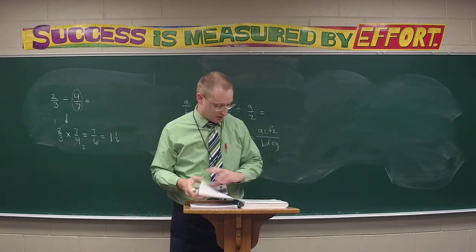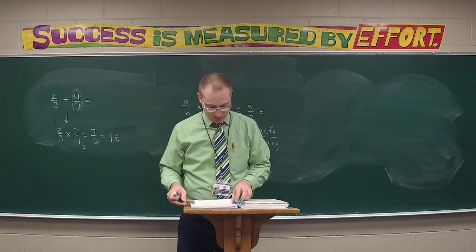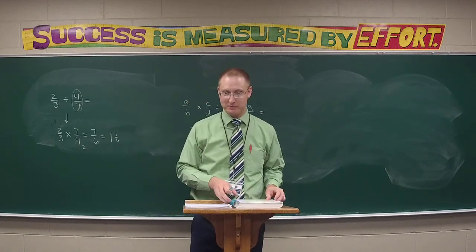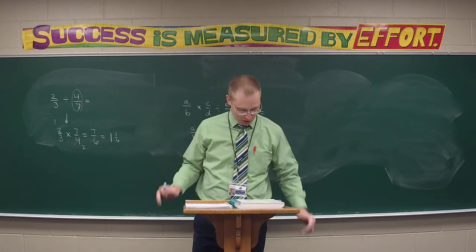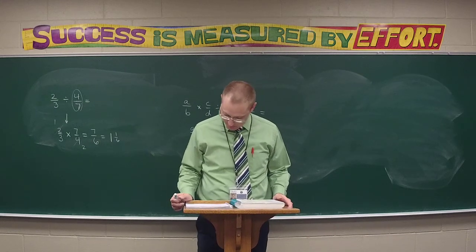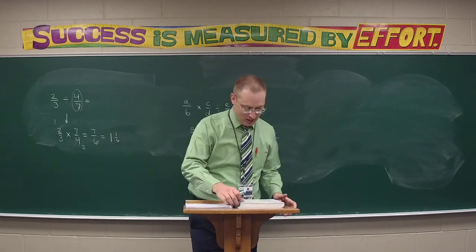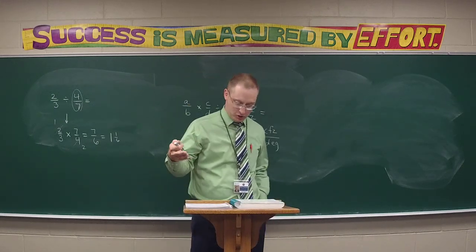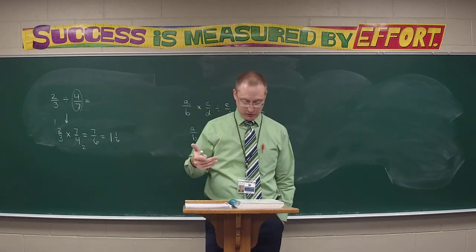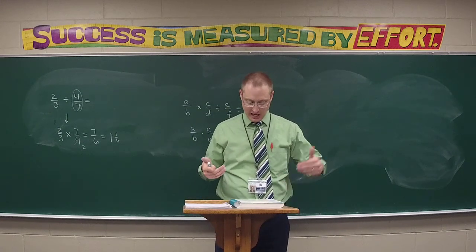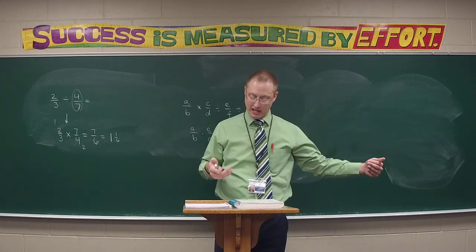Look at page 44 in your textbooks. Same song, second verse, a little bit harder. Hopefully no worse. All right, page 44, look at the example problem there. I'm just going to talk through this with you. We've got a over a plus 4 divided by a cubed over a squared minus 16.